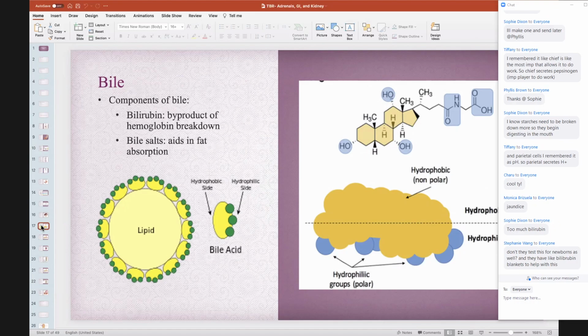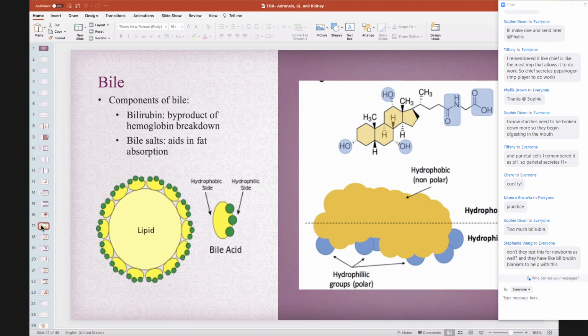An issue with fats is the GI lumen is a very hydrophilic environment. So what do lipids do in hydrophilic environments? They clump up. And so how are we going to do a lot of chemical breakdown if we don't have a lot of surface area of our big globs of lipids?